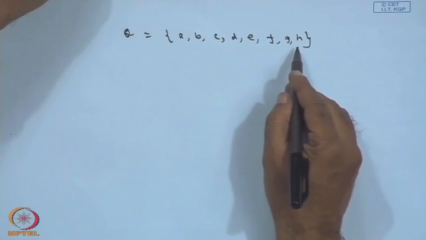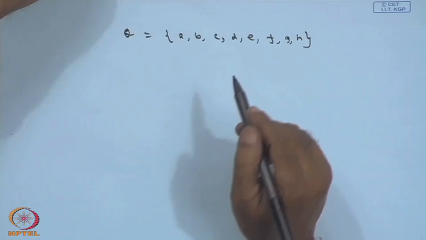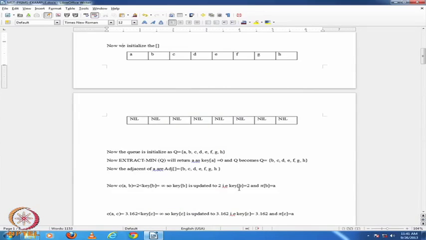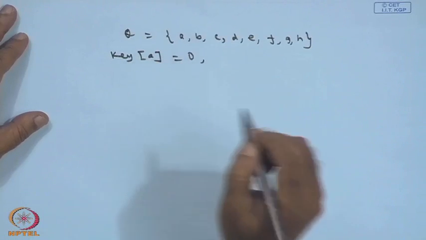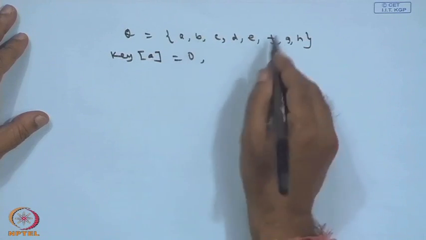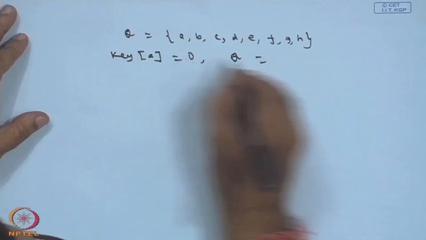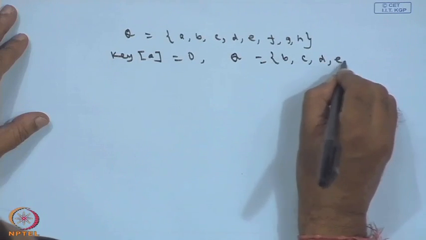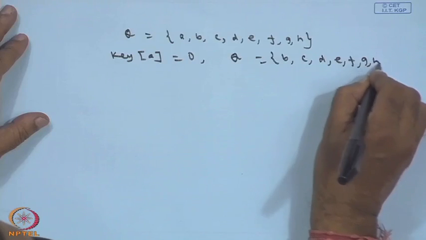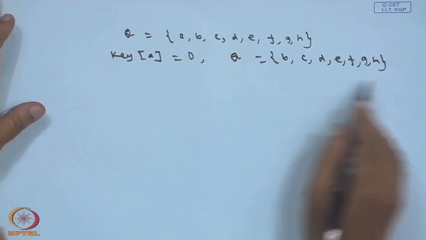From the min value, obviously the key of A is 0, all others are infinity. Now, you remove this A from here, so that your Q becomes B, C, D, E, F, G and H.